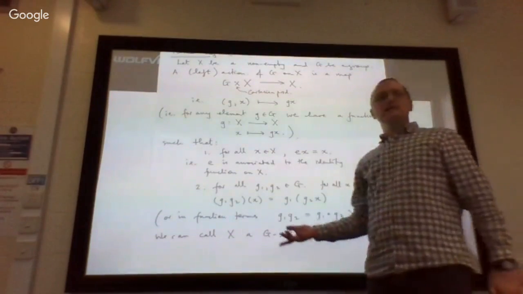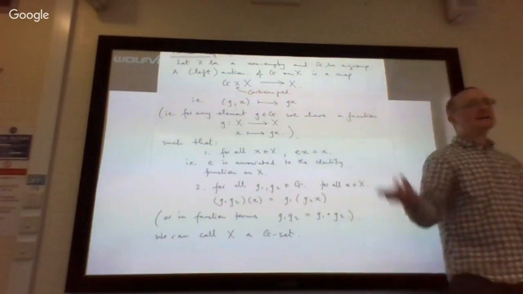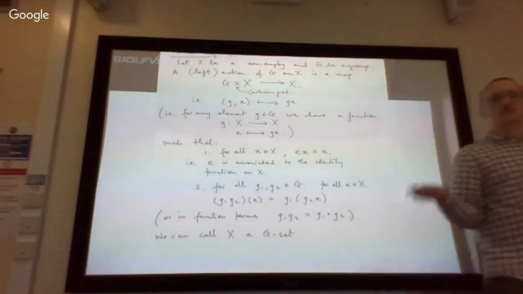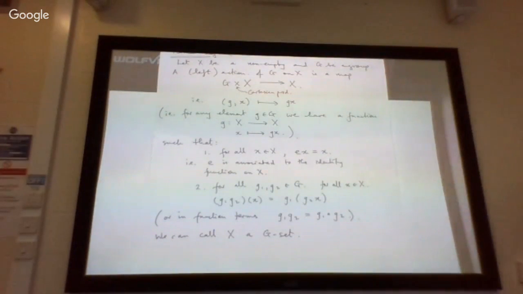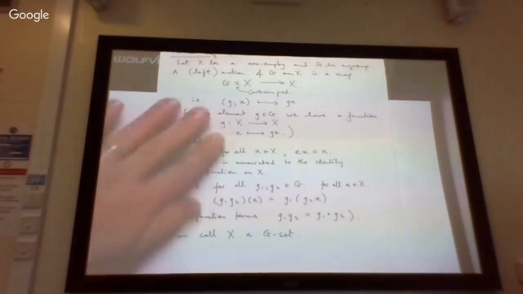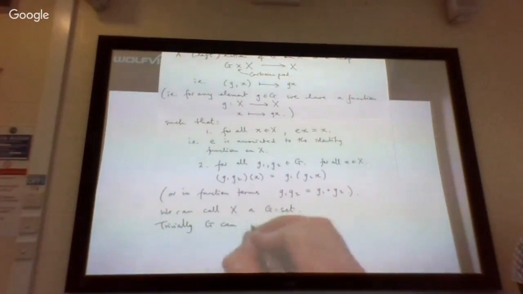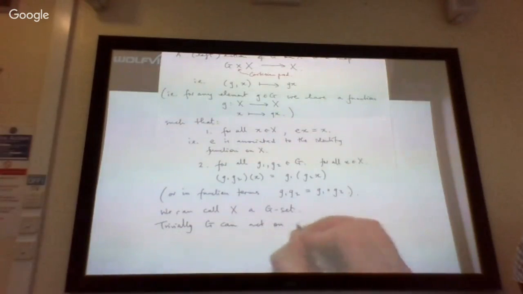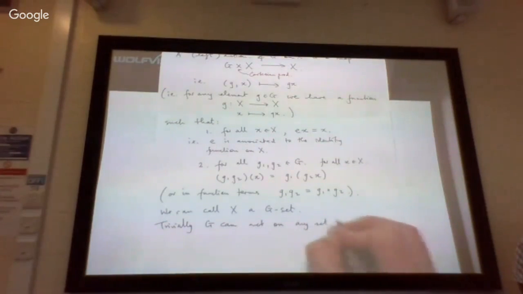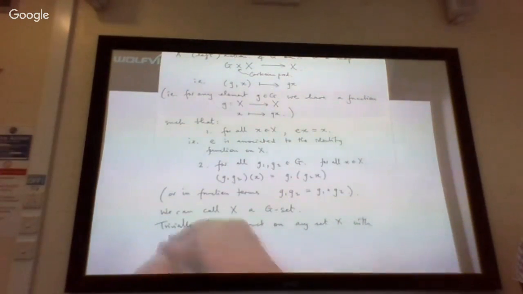Calling it a G set means that it's just a set which has some action of G on it. Okay? And trivially, G can act on any set X with the trivial action.